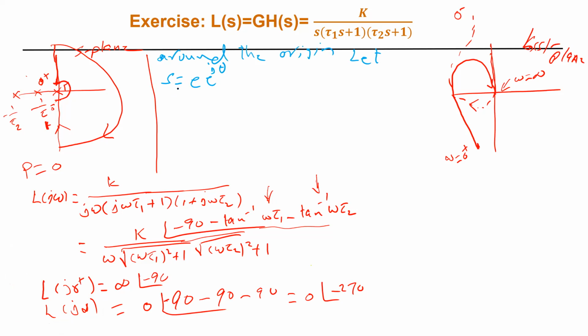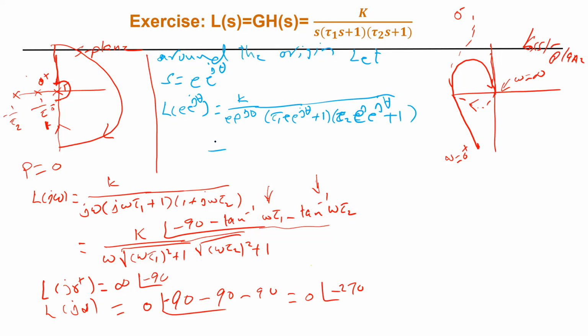So if I do that, then my approximation L of rho e to the j theta equals K over rho e to the j theta times tau 1 rho e to the j theta plus 1, times tau 2 rho e to the j theta plus 1, which is approximately, look, this term I can approximate equal to 1 and this term equal to 1.